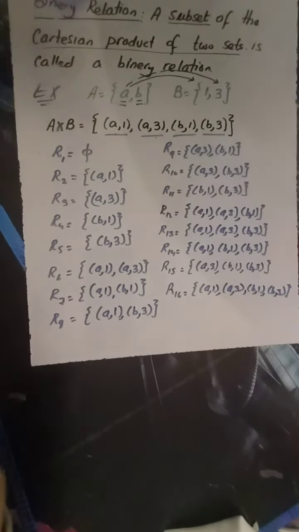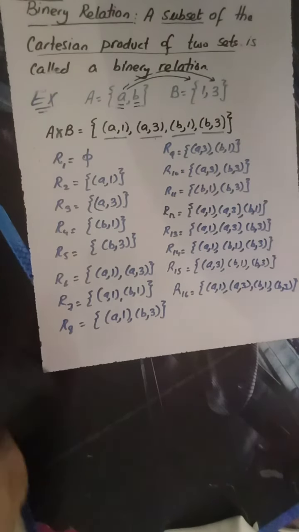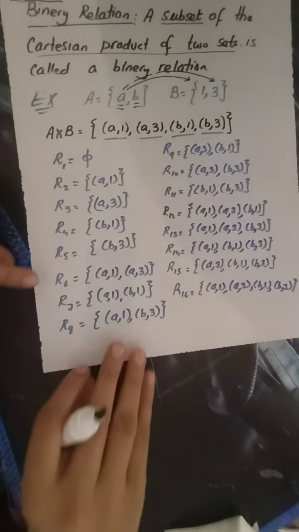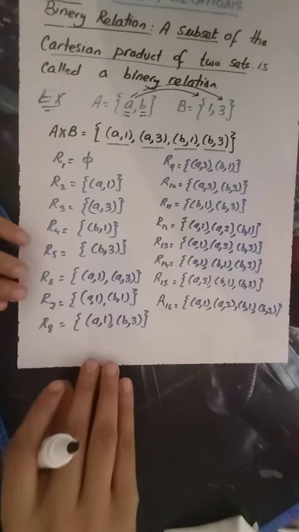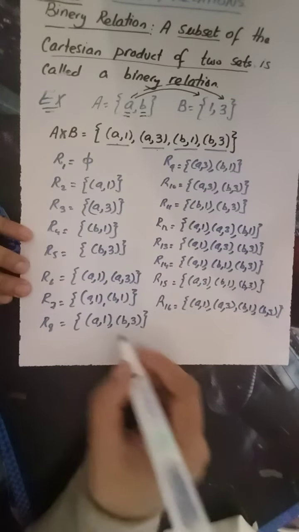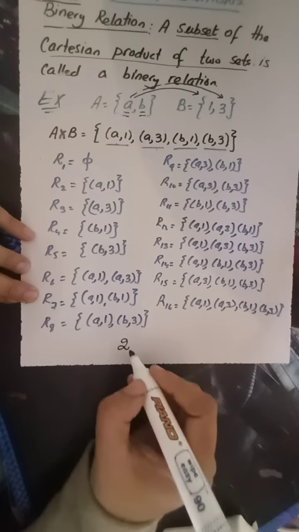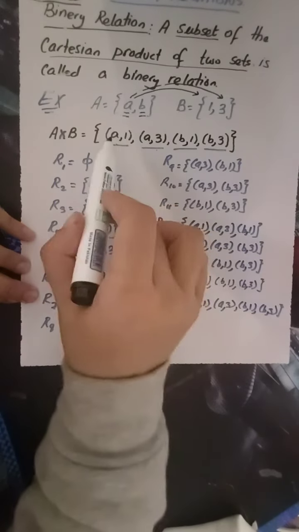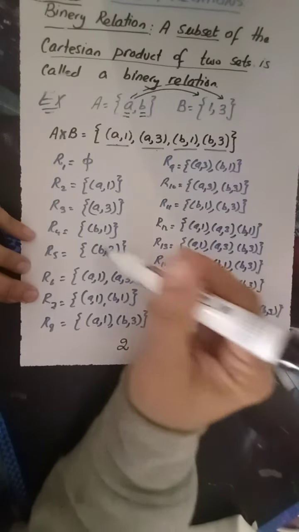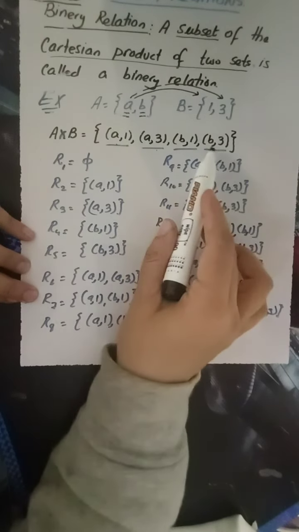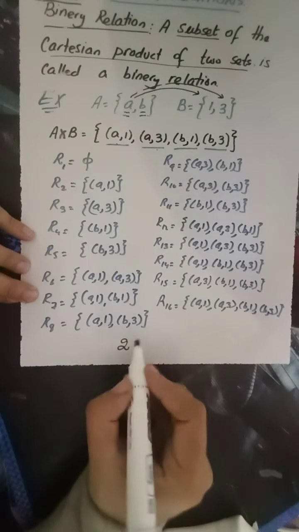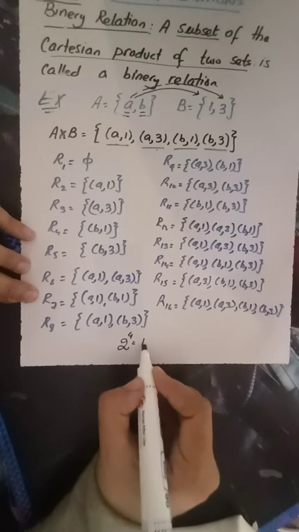in order to find how many subsets of a set can be formed, the formula that we use is we write 2 and then raise it to the power which is equal to the number of elements in A cross B, 1, 2, 3, 4. So if we raise 2 to the power 4, we get 16.